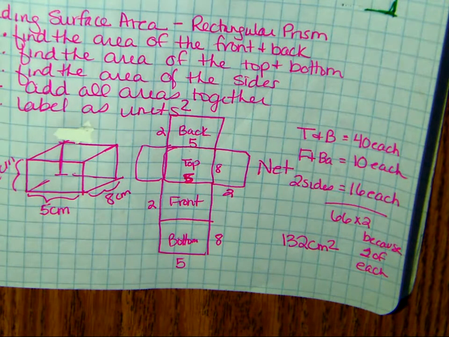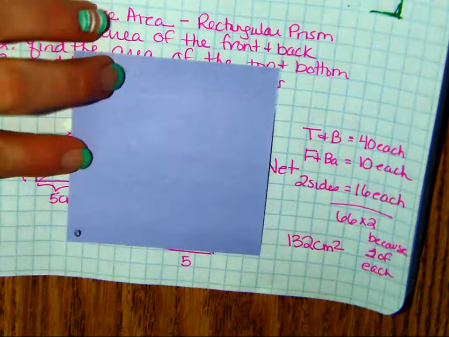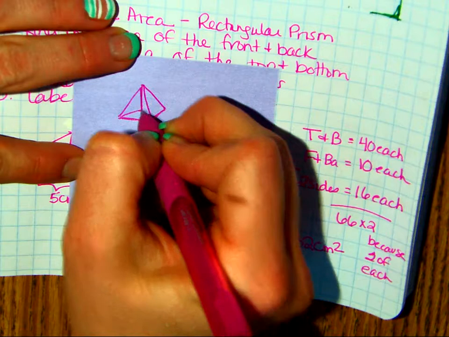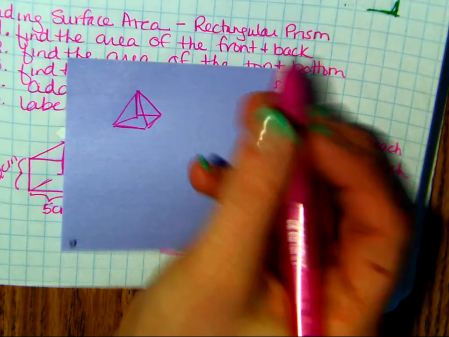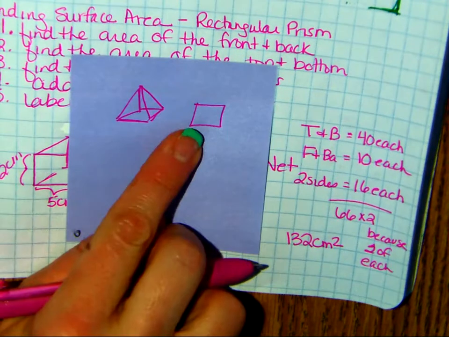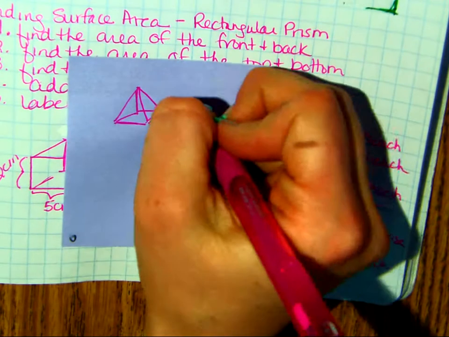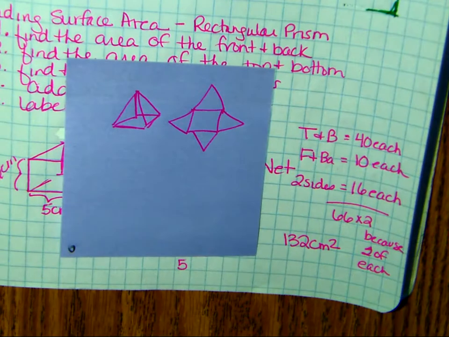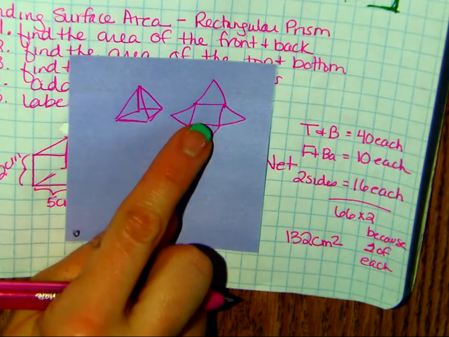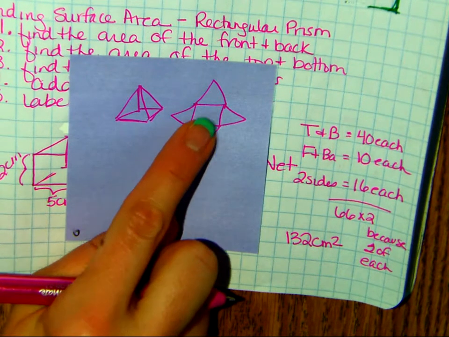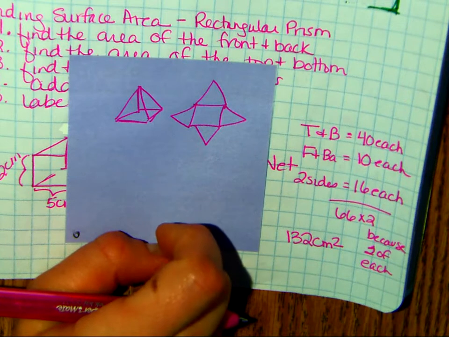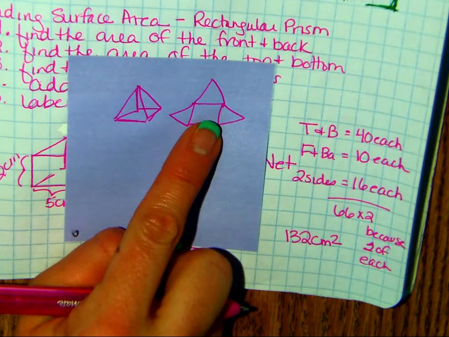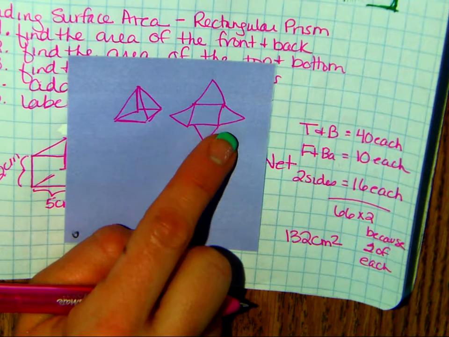If I were to have a pyramid, when I flatten it out, there is the center here, and then a point here, point here, point here, point here, and they all come together and meet. Don't I have then really a square and 4 triangles? Do I know the formulas to find those? Yes. So if I have the lengths of these, could I then figure it out?